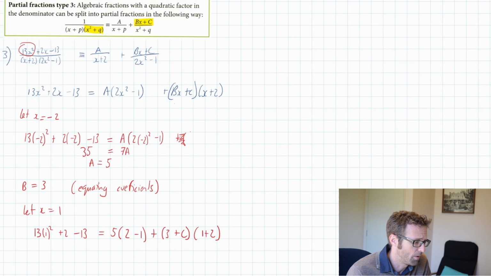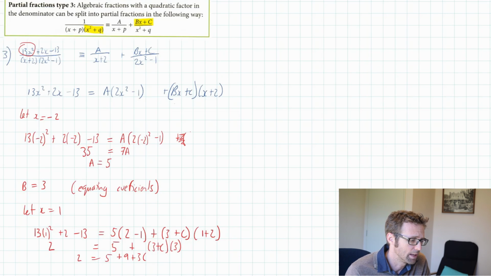On the left-hand side, we're going to have 2. On the right, we're going to have 5 times 1, which is 5, plus 3 plus c times by 3. So now we're going to have 2 equals 5 plus 9 plus 3c.